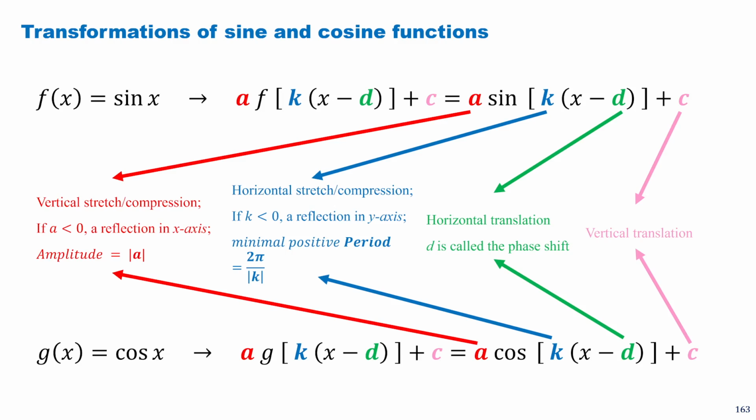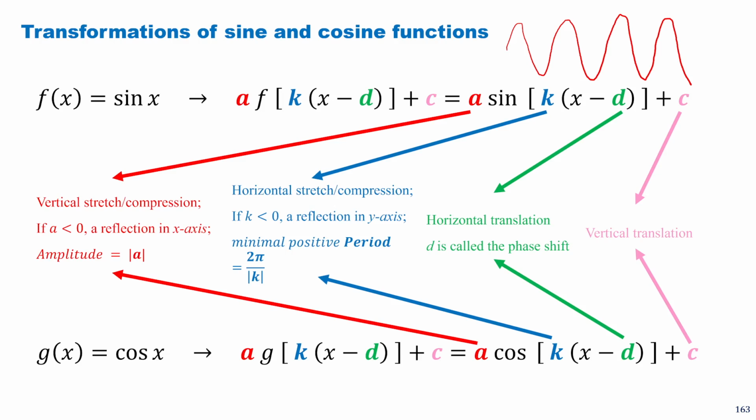And also, because k corresponds to a horizontal compression or stretch, it must have something to do with its period. So if you stretch it horizontally, that extends its period, right?